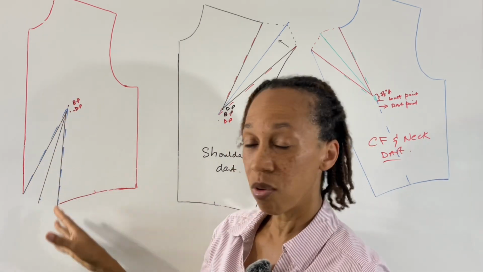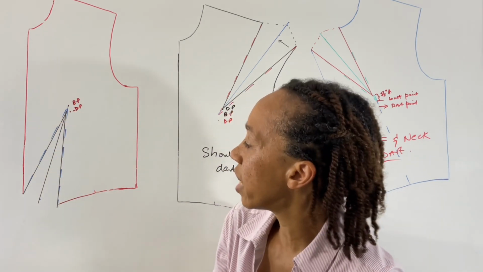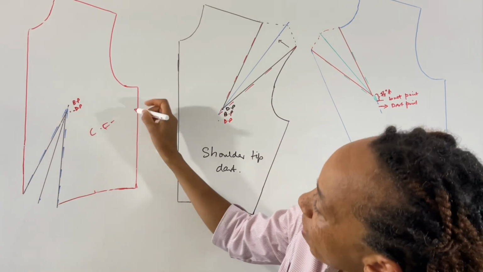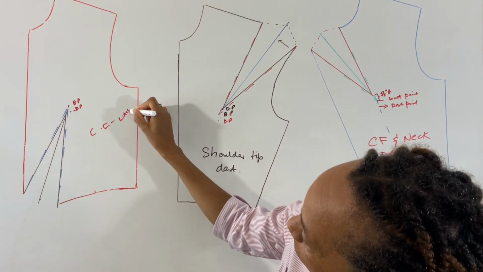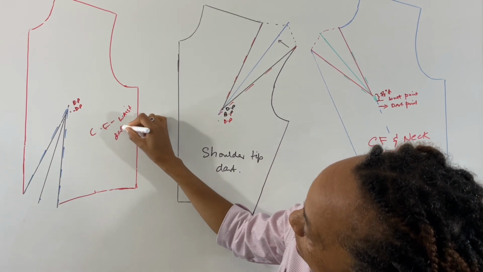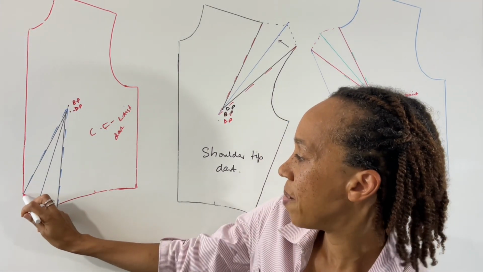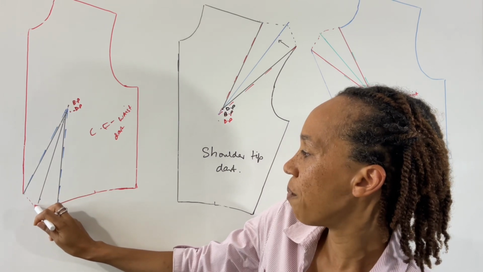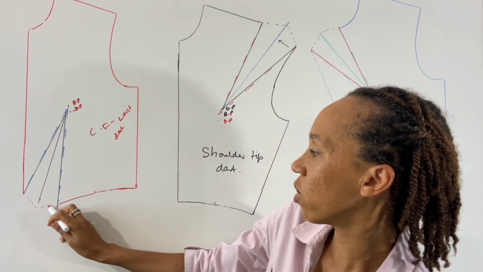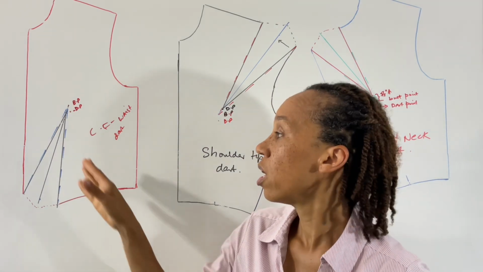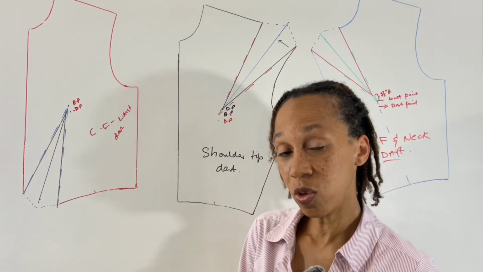So because you're now using this, which is the center front waist dart, that's what it is. When you fold everything up, you're going to probably get something that looks something like that. But you have to fold your dart first, close it.